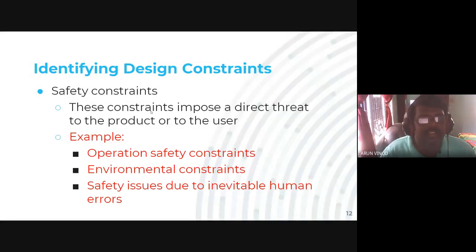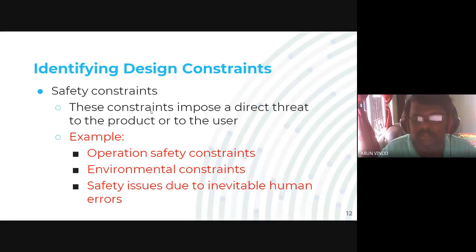The second is safety constraints, very important. These constraints impose a direct threat to the product, or to the user, right? If the product damages immediately, it is a safety constraint. See, most of the mobiles, suddenly when you bought and in another 10 days it got busted or damaged, right?